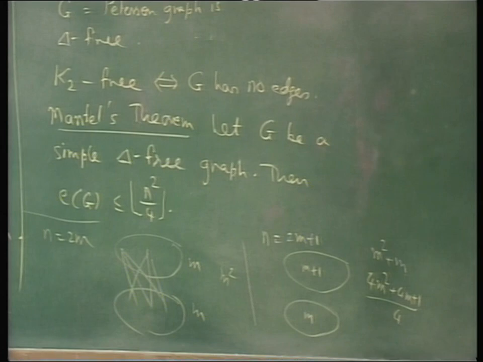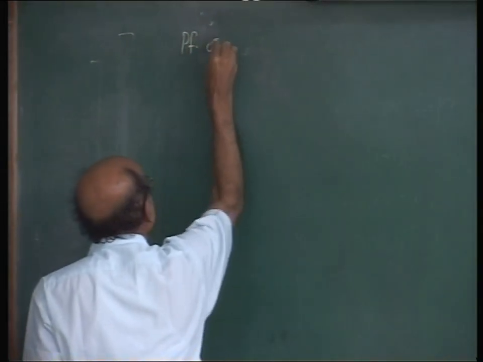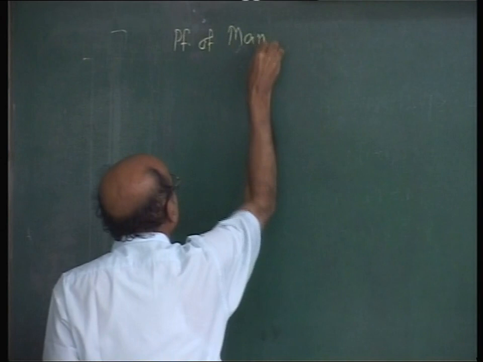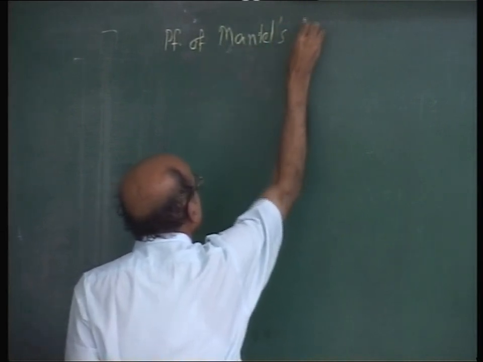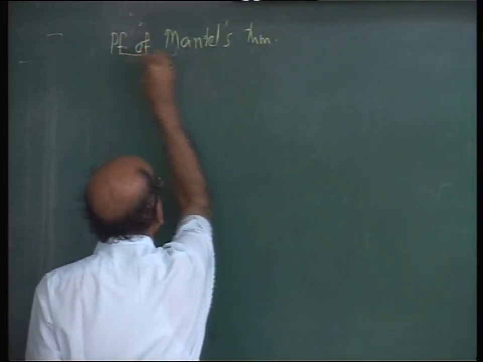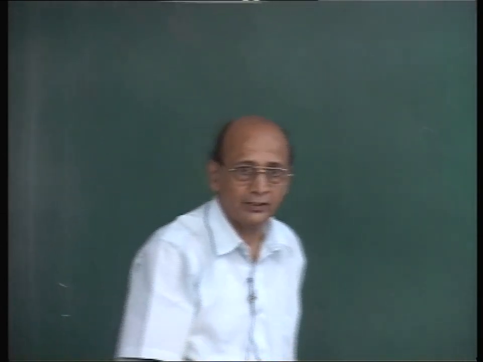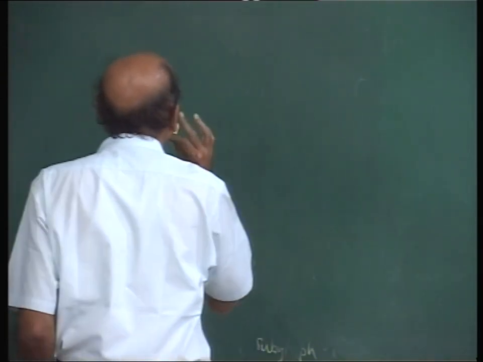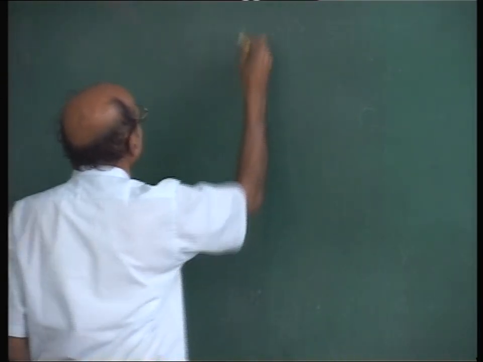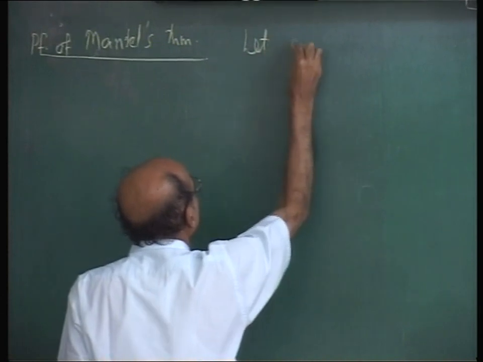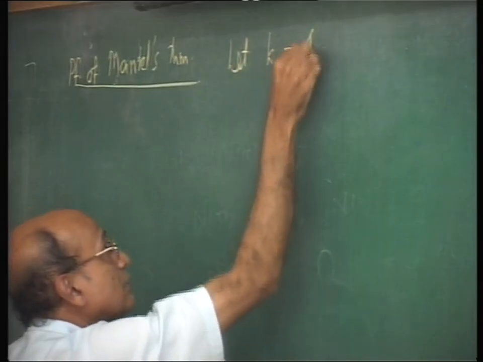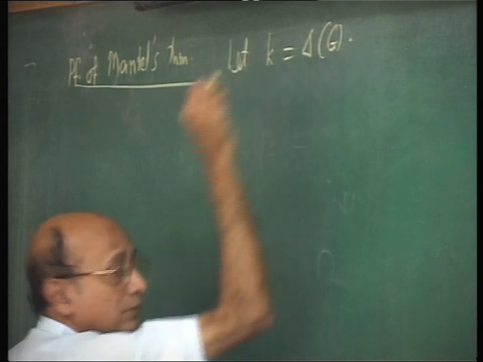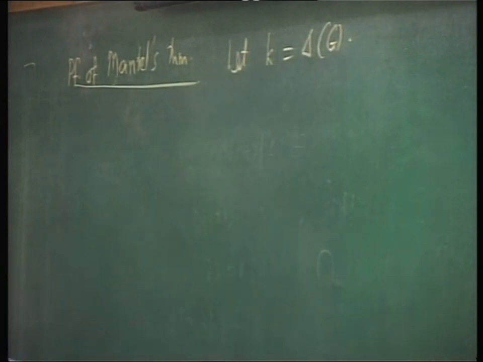So, proof of Mantel's theorem. What is delta G? It's the largest degree that you get in the graph.